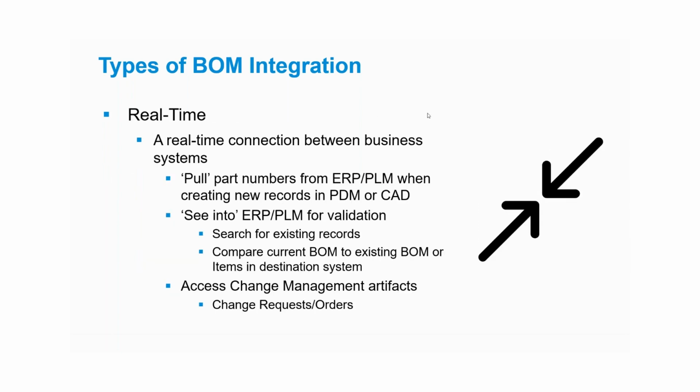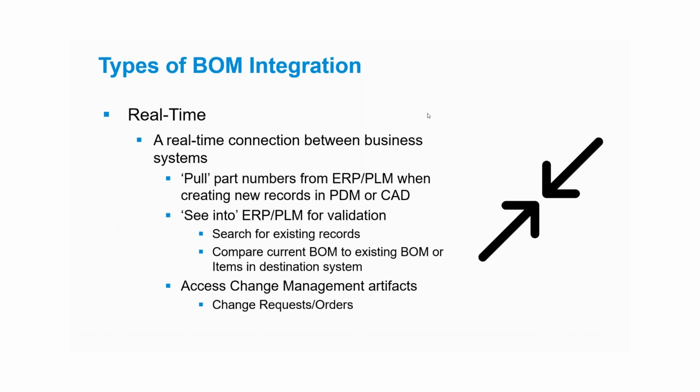So the other is what I would call real-time, a real-time integration. So meaning the connection between these business systems is live. And the reasons you might do that often is, let's say you need to pull part numbers from your ERP system. When you make a new component in Inventor, or when you make an item in Vault Pro, maybe you need a part number, and all part numbers, no matter what, have to come from ERP.